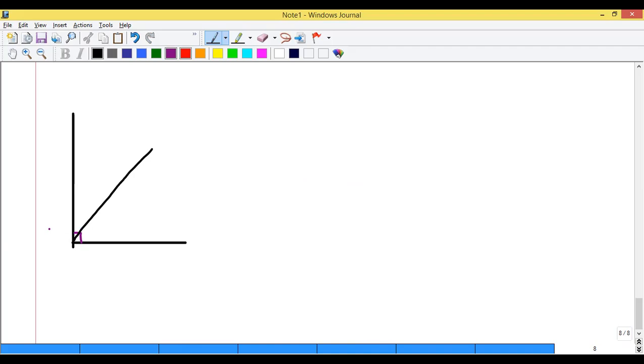Now, you cut this 90 degrees by using another line. If I cut this 90 degrees by using another line, if I take one angle as theta, another angle becomes what?